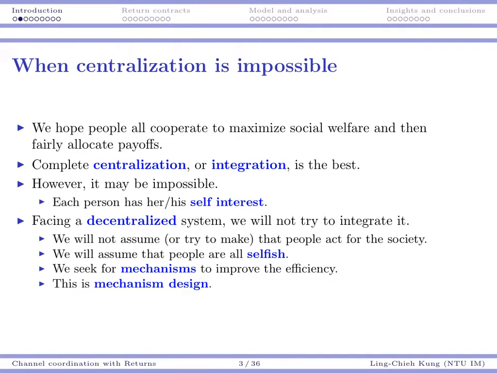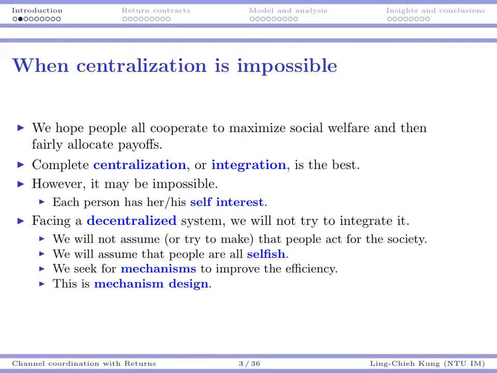That's going to make the system as efficient as possible. But it may be impossible because each person has his or her own self-interest, or there are rules that prevent people from integrating, something like antitrust laws.